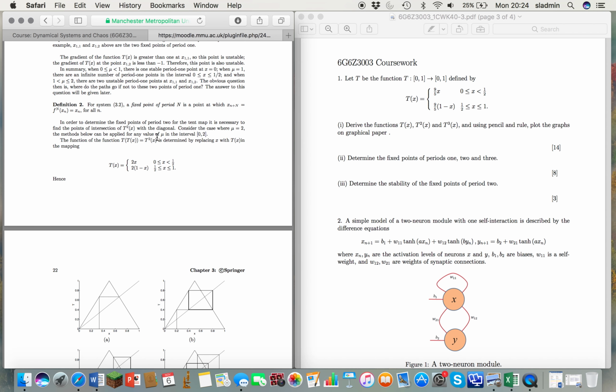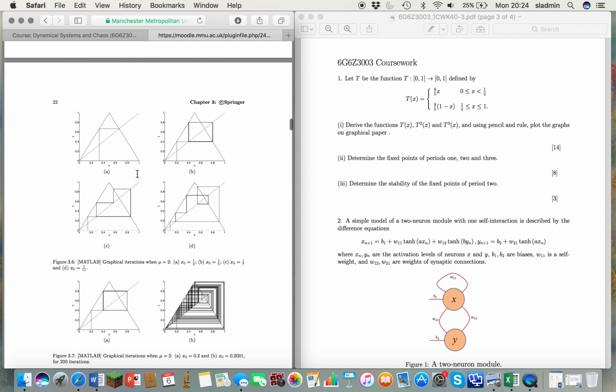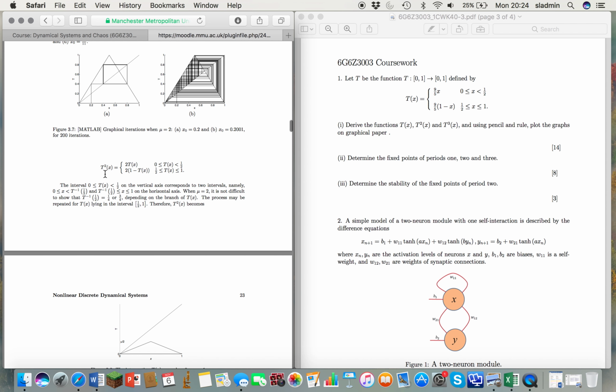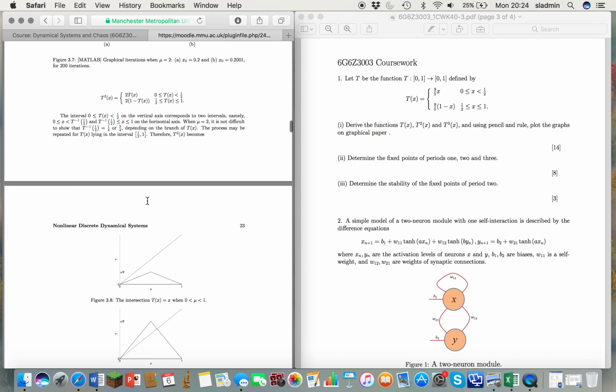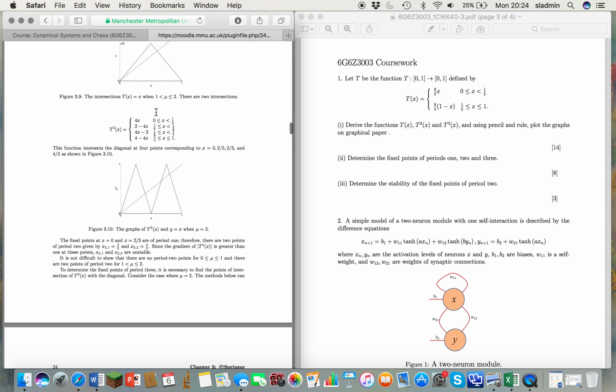This is a similar example where we're looking at the tent map when mu is 2. So here is the tent map T of x. In the notes it's explained how to derive T of T of x. So this is T of T of x, and explanations are given there. And here is T of T of x when mu is equal to 2.